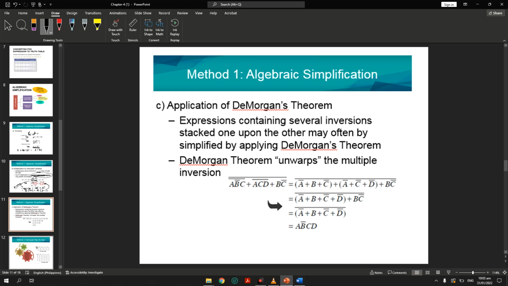But first, let me explain. Expressions containing several inversions stacked one upon the other may often be simplified using De Morgan's theorem. So De Morgan's theorem unwraps the multiple inversion process.